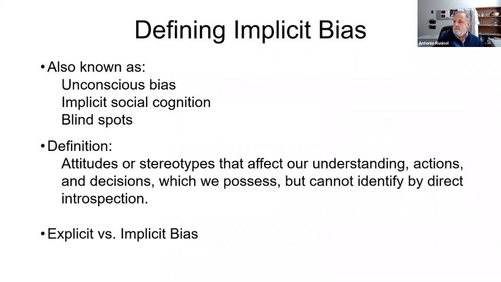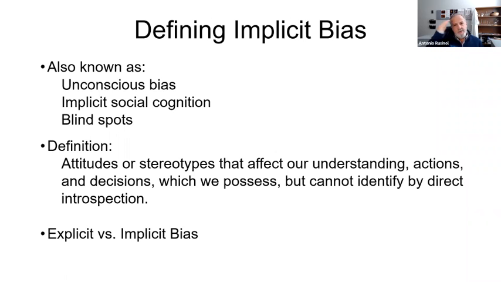And so there are several, we'll see all the unconscious biases that affect our daily life. But just going straight to the definition, unconscious bias is attitudes or stereotypes that affect our understanding, actions, and decisions, which we all possess, but we cannot identify by direct introspection.